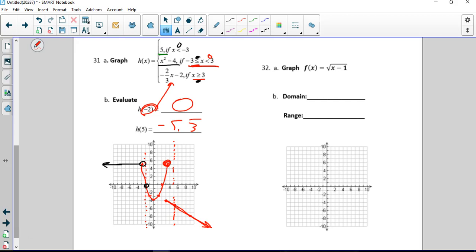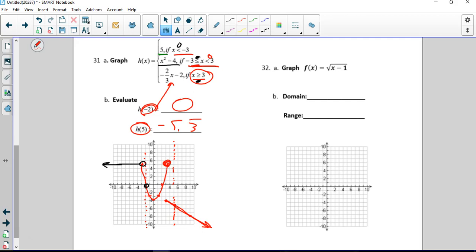Oh, I mean, it is between there. Man, I'm losing it. It is between those two, so I'm using the parabola. Here, it's not less than negative 3, so I'm not using the line. With 5, I'm already done. I know 5 is greater than or equal to 3, so I'm going to use that line. So you can either visually use the graph or logically think about the numbers. Either way, whatever works for you.